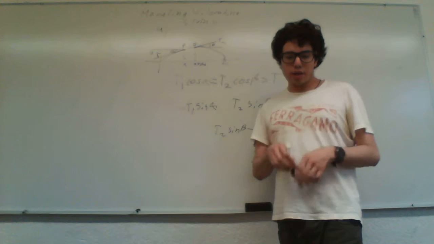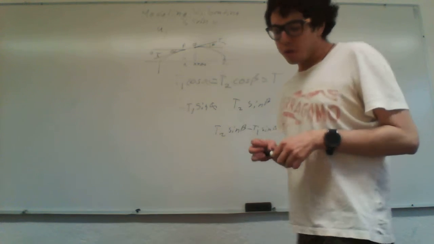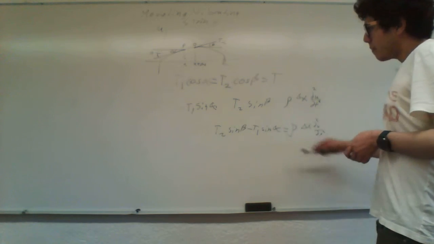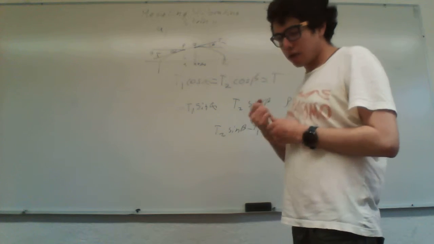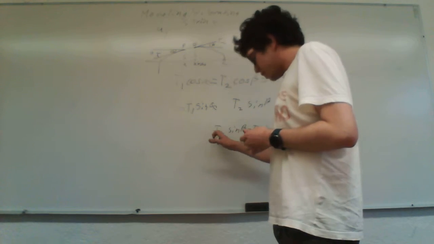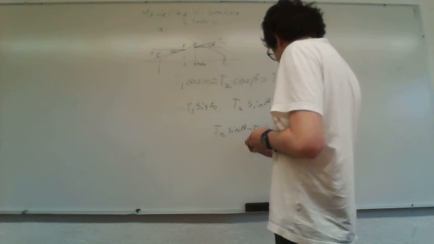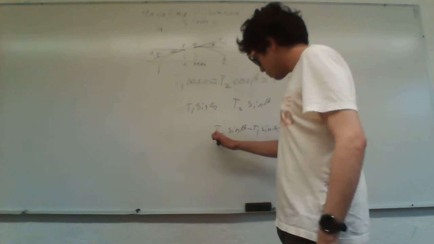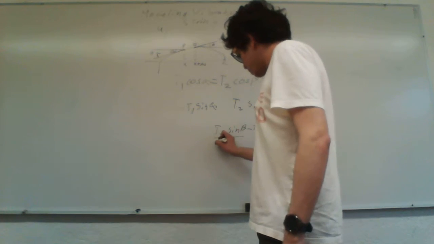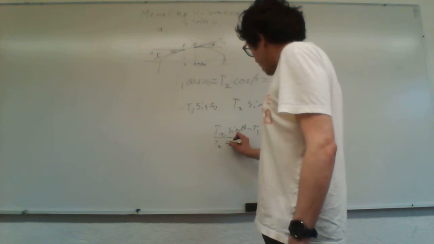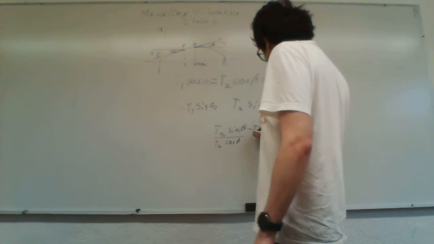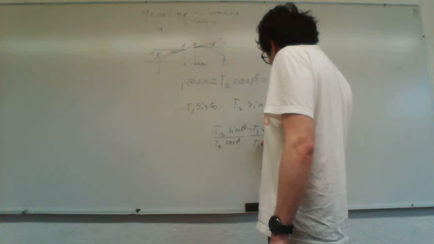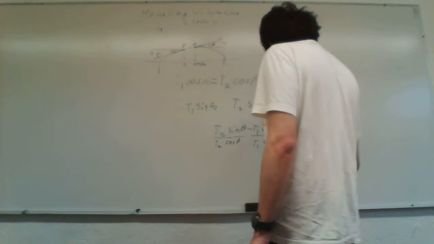In this case, we are going to divide by these, and we have T2 sine of beta over T2 cosine of beta minus T1 sine of alpha over T1 cosine of alpha.